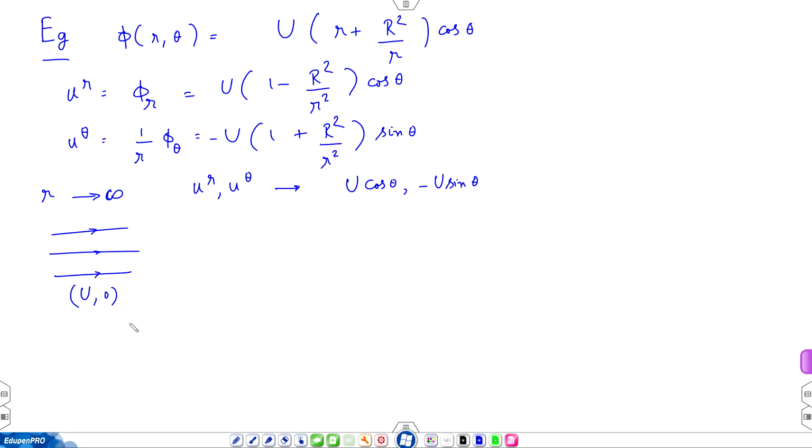Second is in the vicinity of the origin. So, that would be r equal to capital R. U r, that is the radial velocity, is 0, okay, and u theta is equal to minus 2 U sin theta.